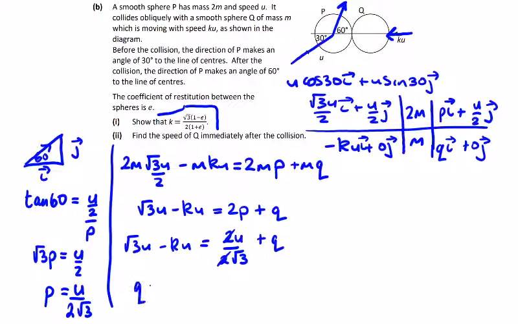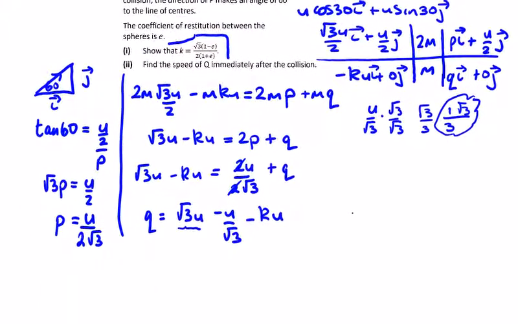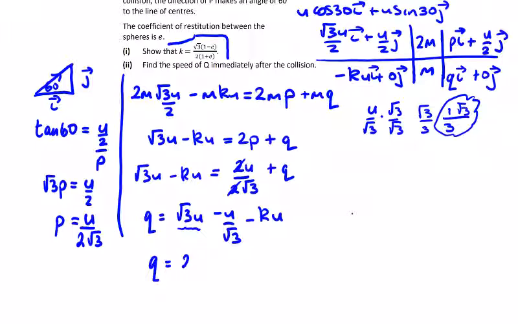So q is equal to root 3 u minus u over root 3 minus ku. So this u over root 3, if we multiply top and bottom by root 3, we're going to get root 3 on top and 3 on the bottom, which is the same as 1/3 of root 3, just to simplify it down. So a full root 3 minus 1/3 of root 3 is going to be 2/3 of root 3. So q is equal to 2/3 of root 3, or 2 root 3 over 3, minus k times u.